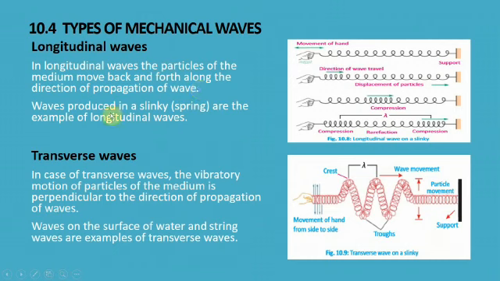The example of longitudinal waves is the slinky spring. Let's consider this example. We have a stretched spring. As soon as we release it or apply a force on one end, what happens? The waves are generated in the spring in this way. In this place you can see the distance between the particles is very small.